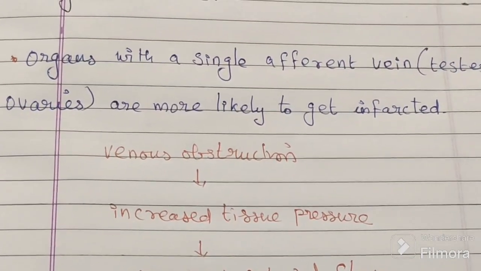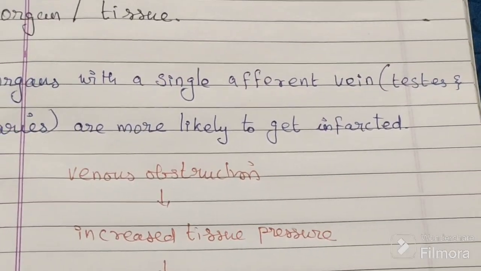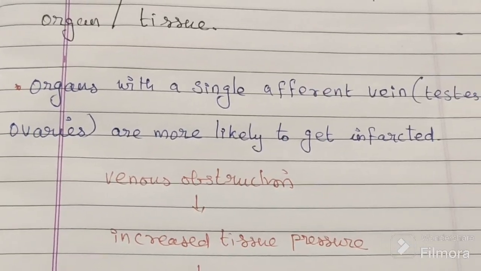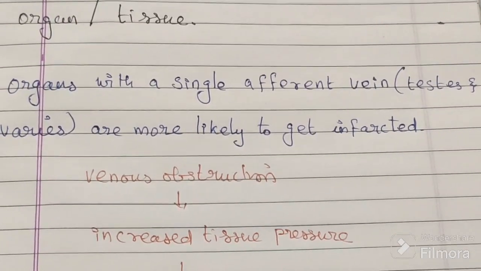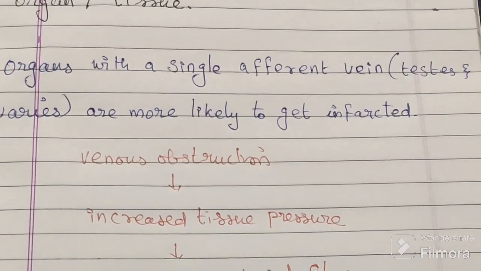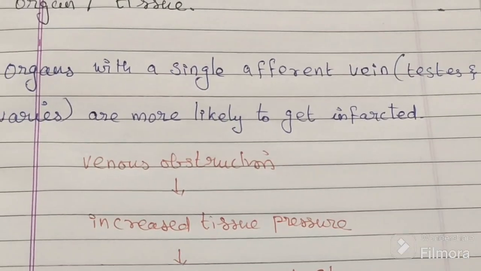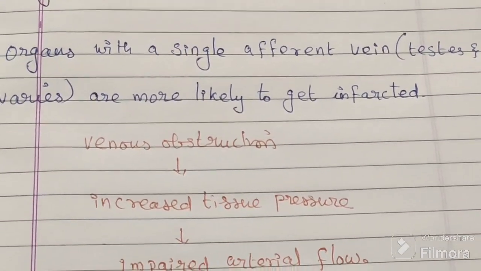However, organs with a single efferent vein, such as testes and ovaries, are more likely to get infarcted because they have a single vein.